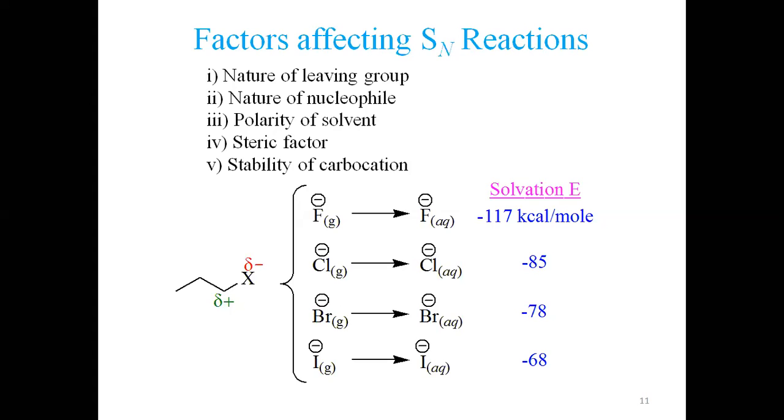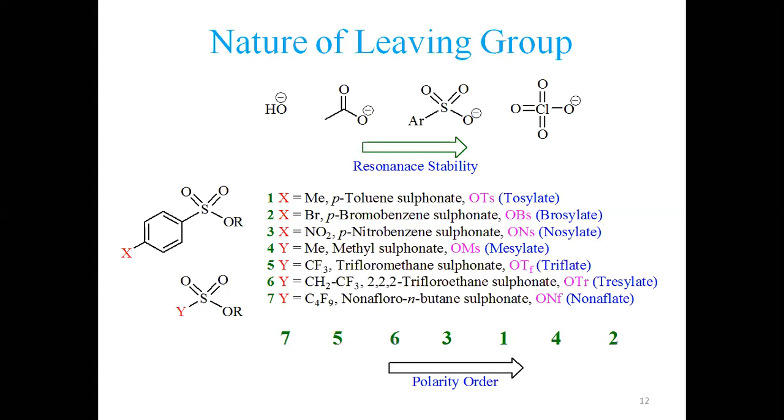So whenever we have a leaving group, if it is not a good leaving group, we can make it a good leaving group, right? And similarly, if a leaving group leaves and it is resonance stabilized, it can leave very easily. So these are the factors relevant to understanding the leaving group.